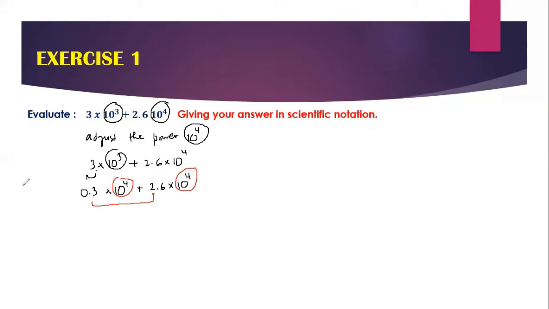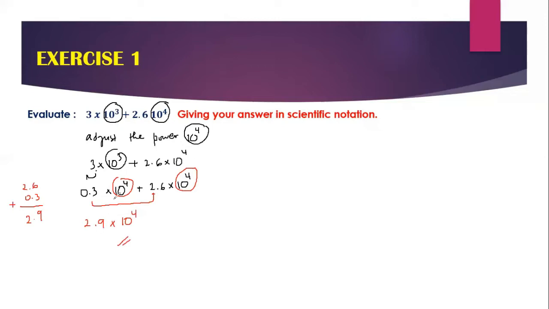Okay, students, so 2.6 plus 0.3, we got 2.9. So the answer is 2.9 times 10 to the power of 4. Okay, is everyone right?